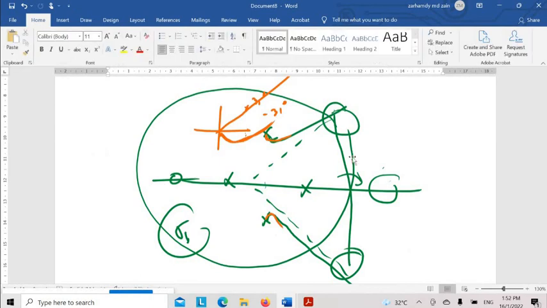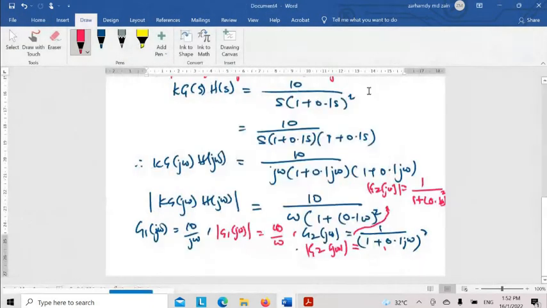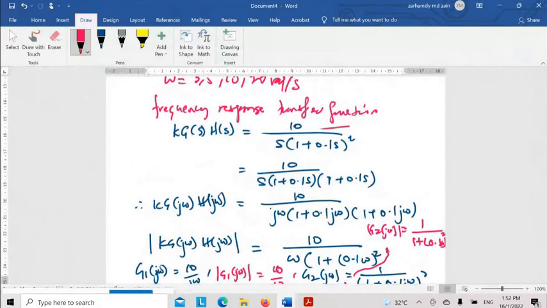So kena hati-hati. This is very important, this is zeros, this is poles. From here, our pole is 0. Berapa? Our pole plus negative what? 10.